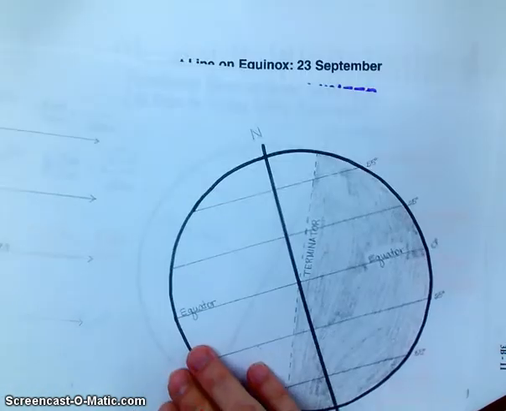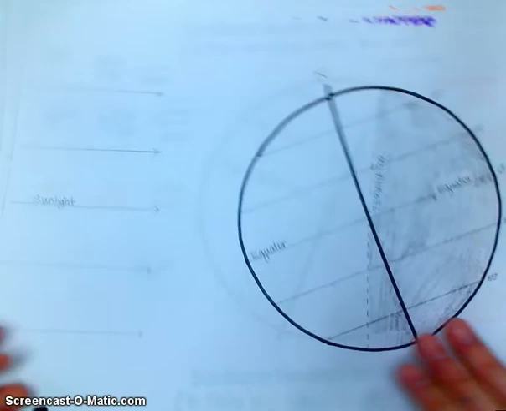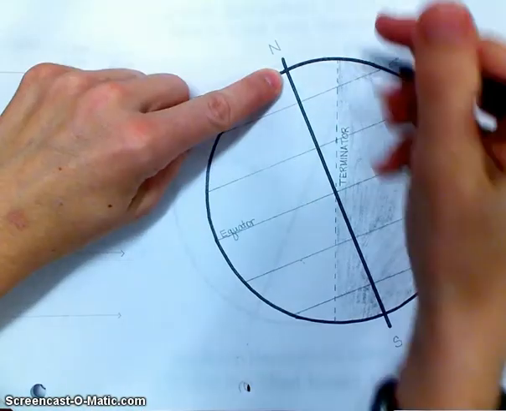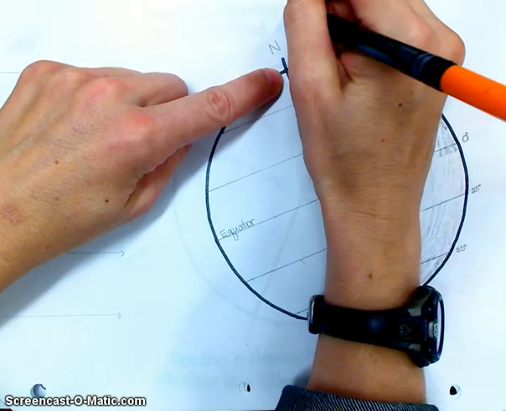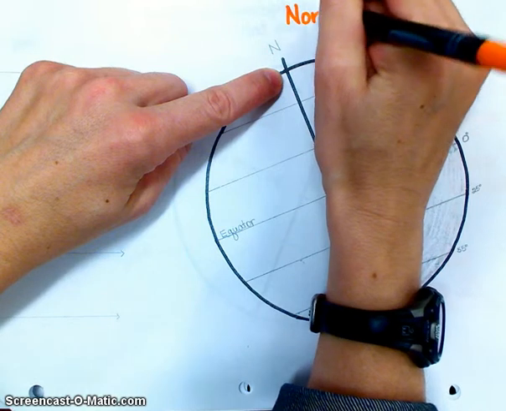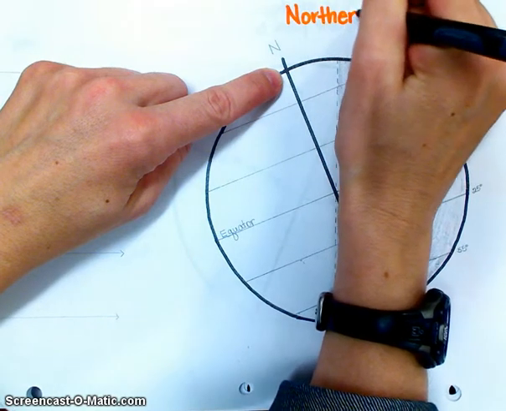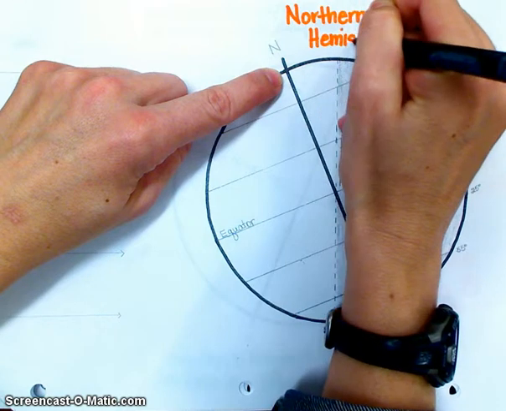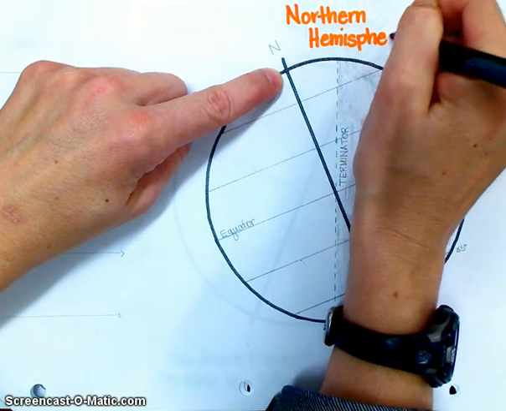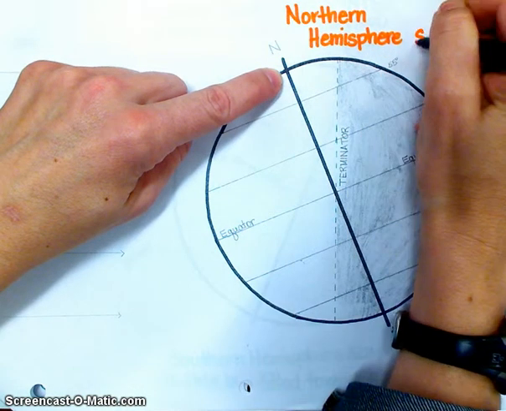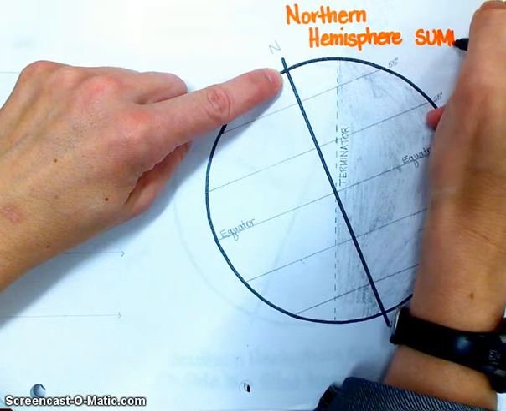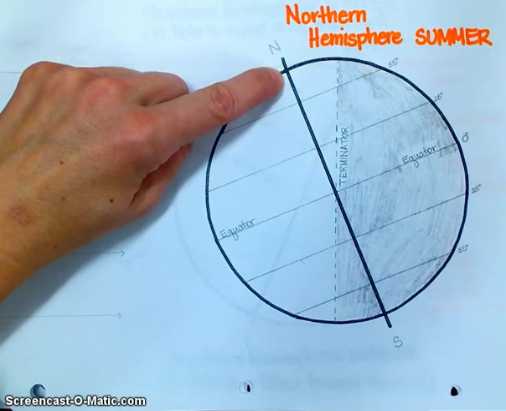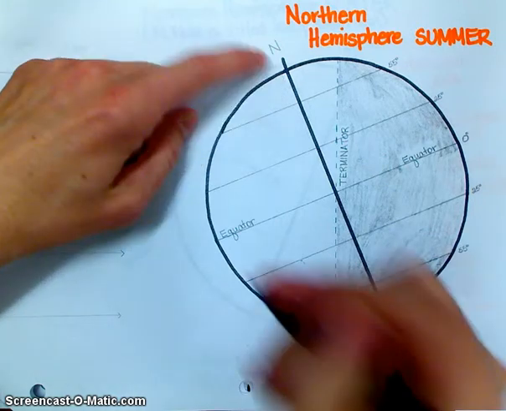Which means that this last one, okay, this is Northern Hemisphere summer. Okay, this is going to correspond to which figure?